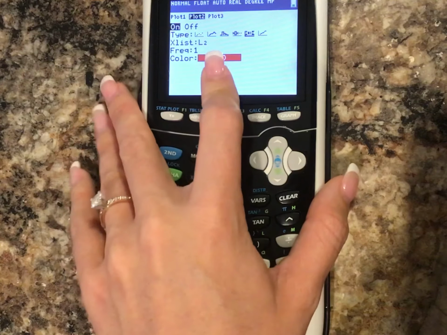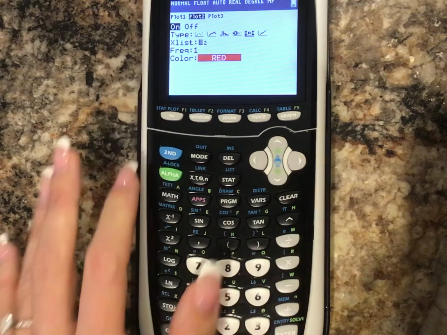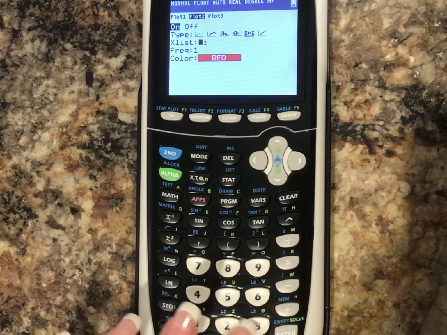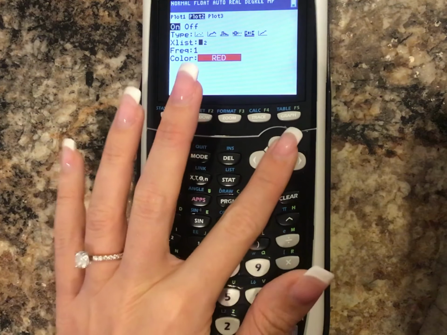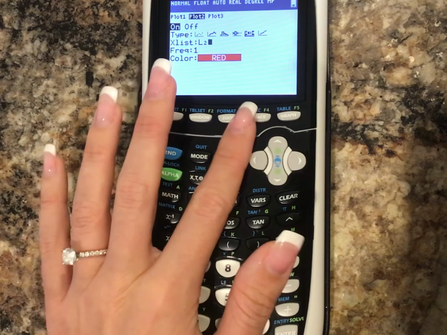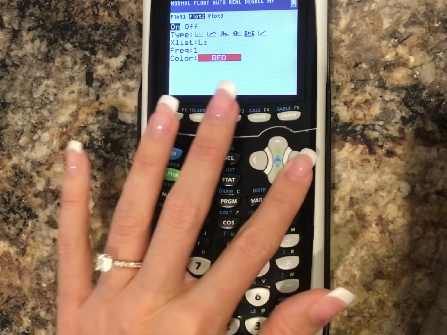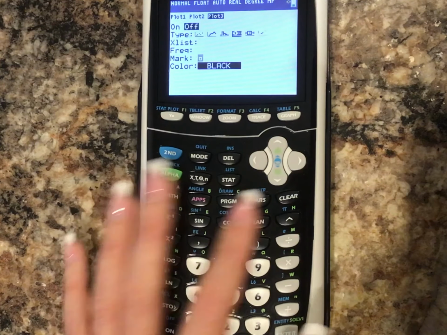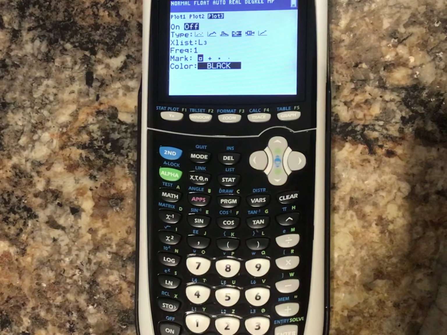You may have to change this if it's got something else in there. Just do second and 2 to get list 2. And then I'm going to make sure that plot 3 is turned off. Okay, I only want plot 1 and plot 2 for list 1 and list 2.